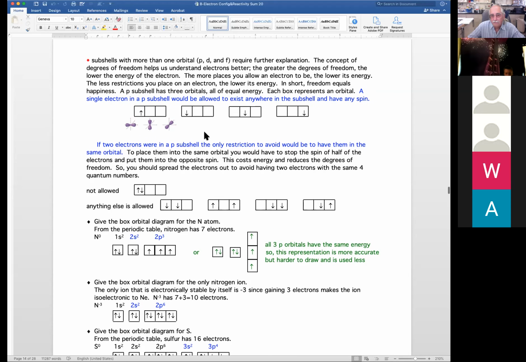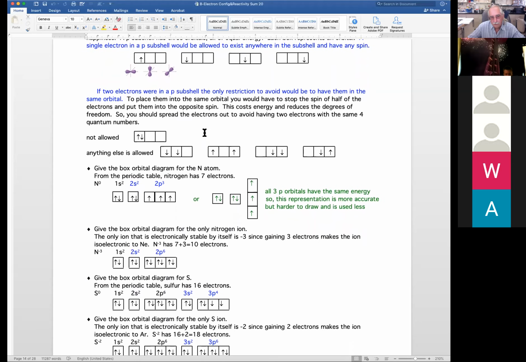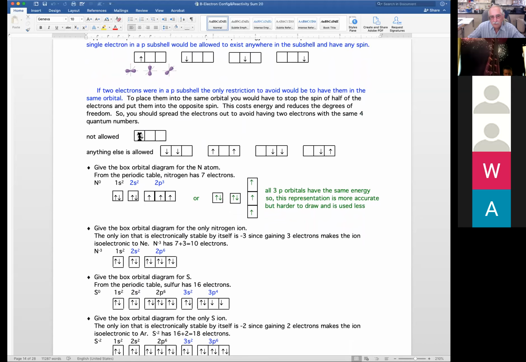Now, what if I have 1 more electron to put in there? This would not be allowed. You know why? Because if this electron was there already in, say, the north spin or the up spin, and I bring this electron in and it also happens to be in the same spin, I would have to stop the spin of this electron and make it spin in the opposite direction.